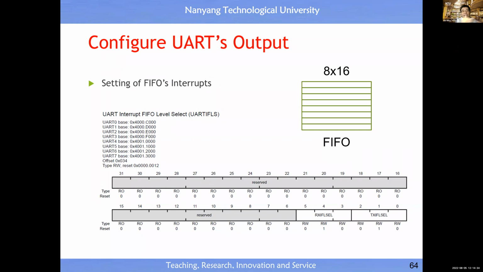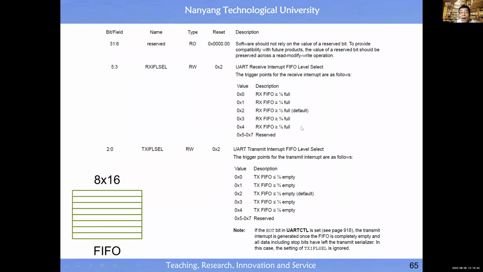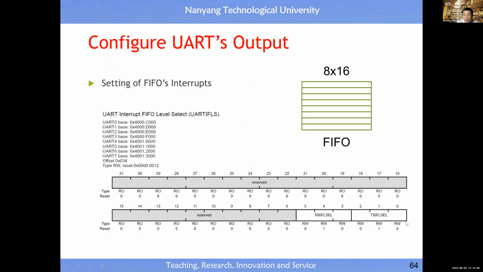When the special room is half full, you must tell the brain. When the special room is full, you must tell the brain. Or when the special room has only 3/4 of the data, or 7/8 of the data. You can choose all these levels of data in the special room to trigger the hardware. So you decide, then you write the value here.